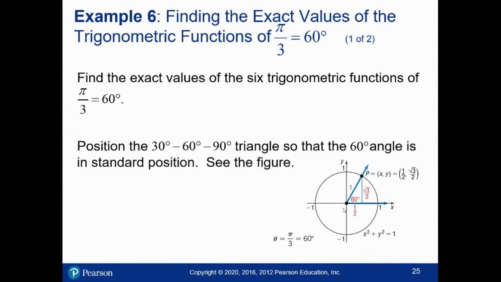If I do the same little trick of marking off an angle of 60 degrees, then dropping an altitude, I know this is the x coordinate and this is the y coordinate of this point, and I know the radius of the circle is 1. So this is a slightly zoomed in picture of what we had over there. But since the angles add up to 180, I know the missing angle is 30 degrees.